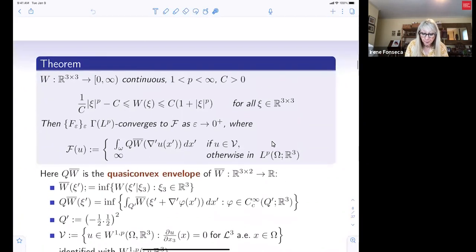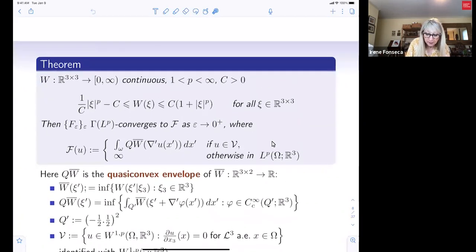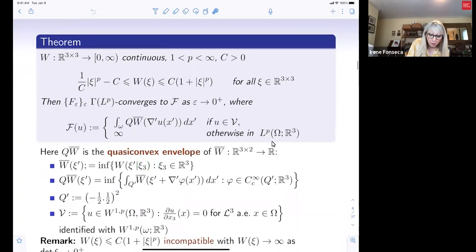Again, let me tell you what this is. First, I should tell you what is W bar. Now C prime is going to be a matrix with 2 columns and 3 rows. And it's defined as you augment it with an arbitrary third row, you take the infimum over that. That's W bar. And then what is Q of W bar?